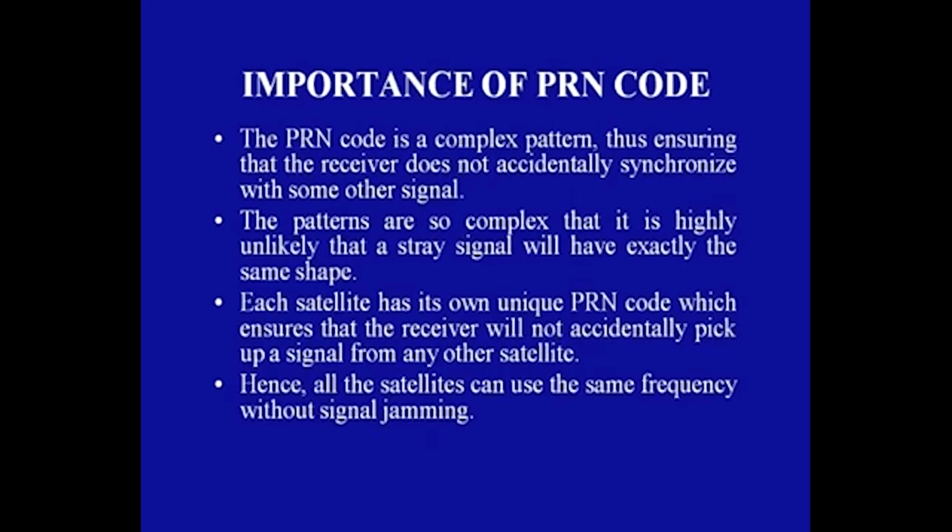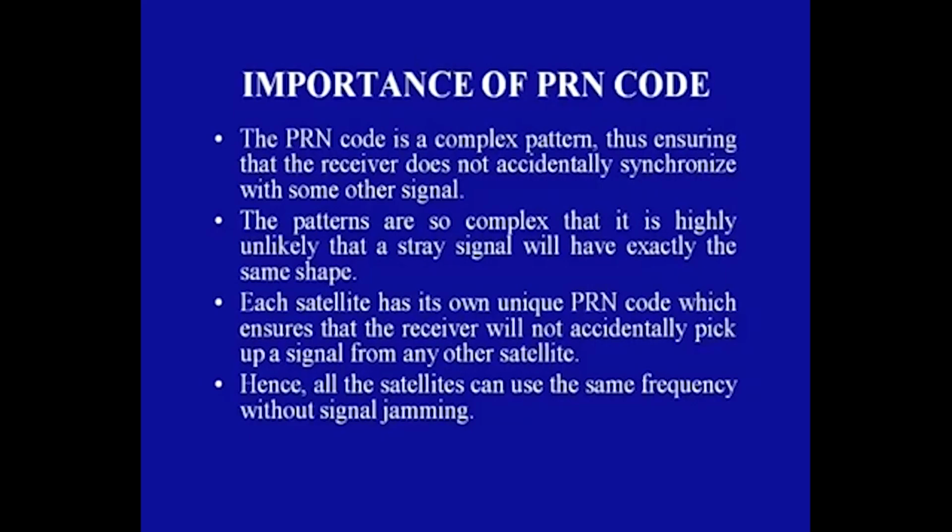The patterns are so complex that it is highly unlikely that a stray signal will have exactly the same shape. This is a very unique feature which has been adopted in GPS, so that there is a distinct characteristic between the signals received from each of the satellites communicating with the GPS receiver on the Earth's surface.